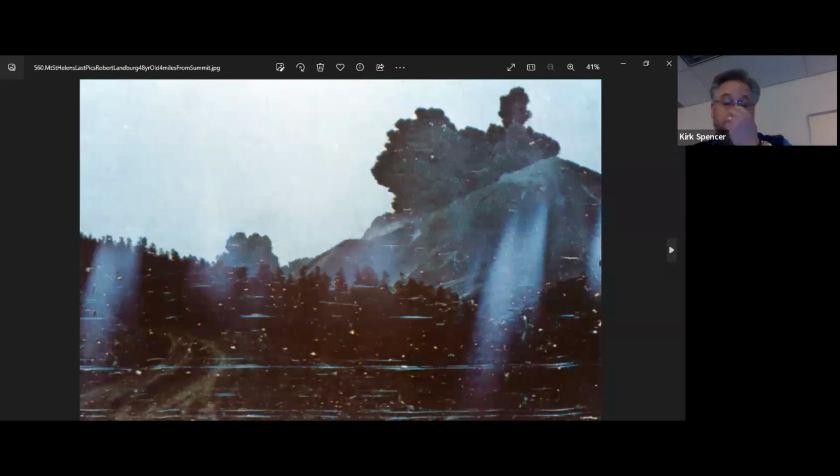This is a photograph taken by a journalist that snuck in. He's on the northwestern flank, I think. You can see the vertical blast and the beginning here of the lateral eruption.